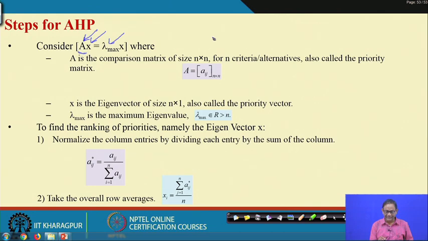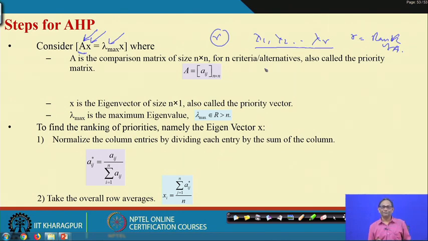If the rank of the matrix is R, then you will have R eigenvalues, like lambda 1, lambda 2 to lambda R, where R is the rank of A. Out of these, usually in eigenvalue decomposition, we find that the first one will be the maximum, followed by the second one, and that is basically the approach. So, lambda max is the maximum one, that is what you want to find out. You will not consider other eigenvalues, only lambda max.